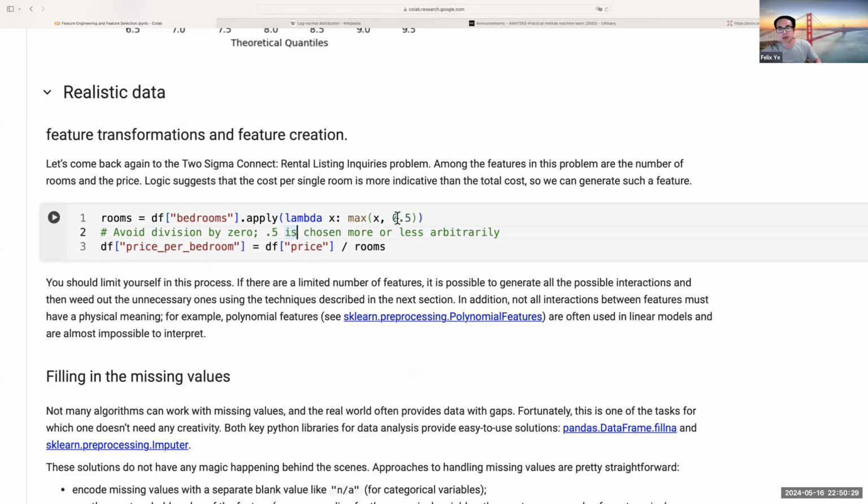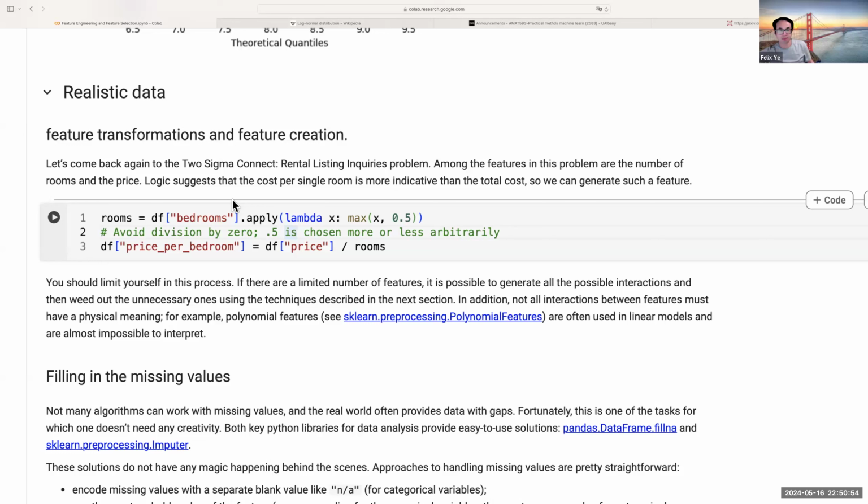Among these features we have the number of rooms, and also the price as well. And of course, these are two very important features, because these two features likely contribute significantly to whether this room is popular or not.